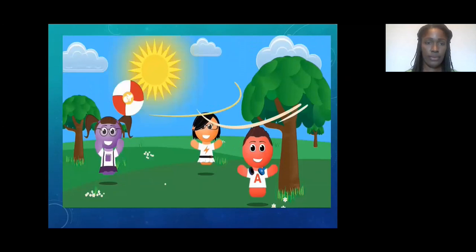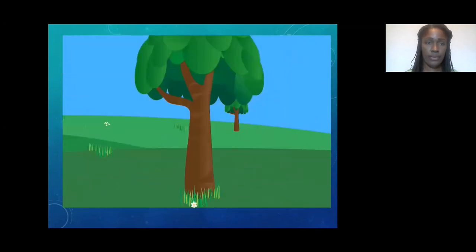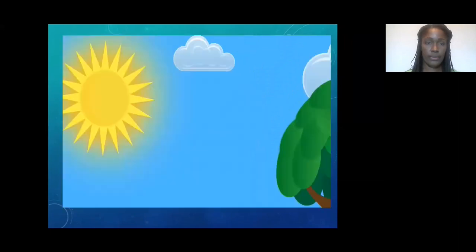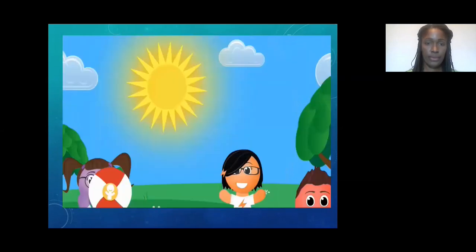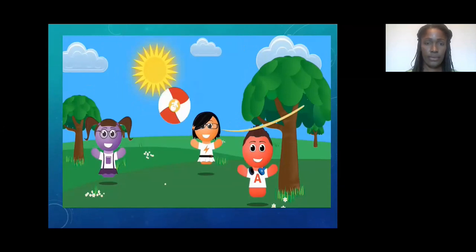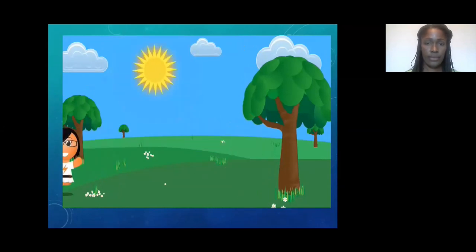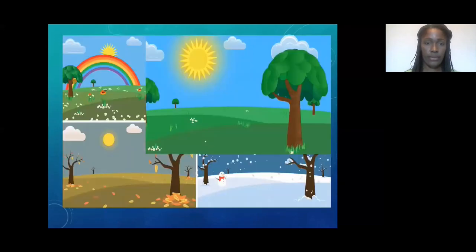Here comes the summer with the warm breeze. Here comes the summer with the trees so green.